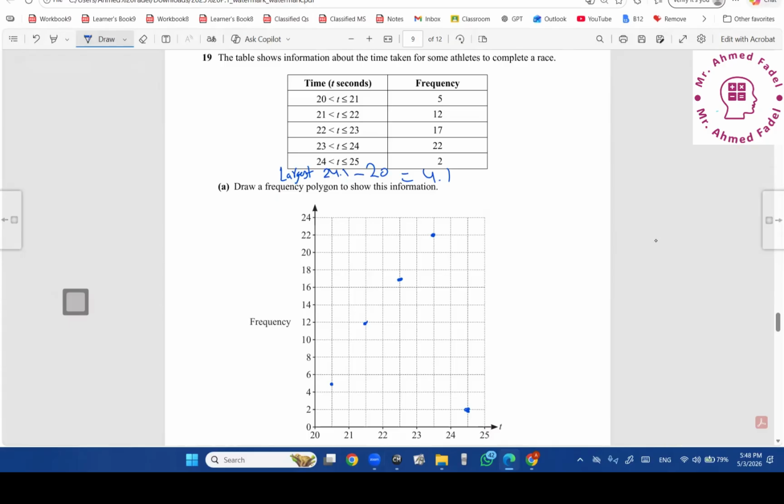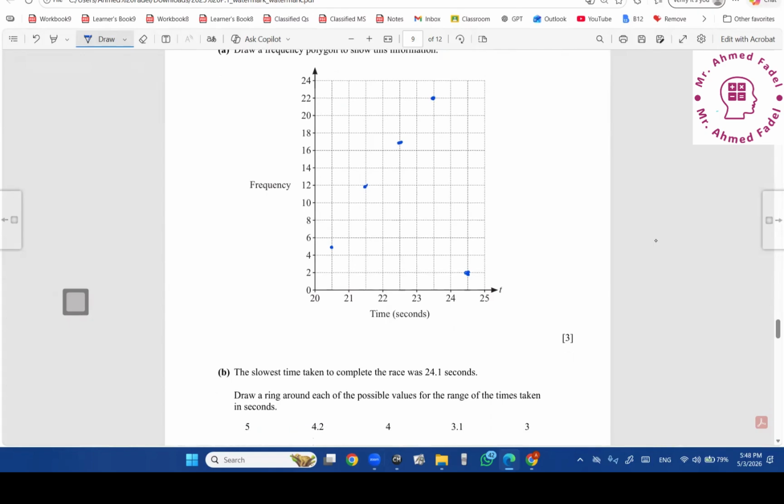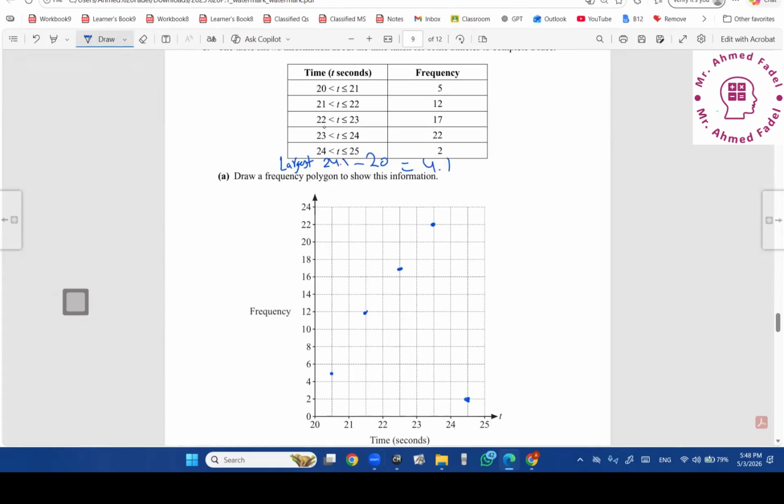But here they're not just requesting that, they're telling you to find the two possible values. The smallest time could be 20, could be 21. So it is 24.1 minus 21 also, which is going to give you 3.1.